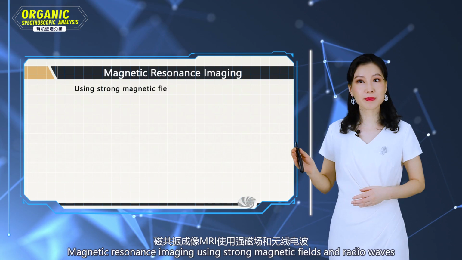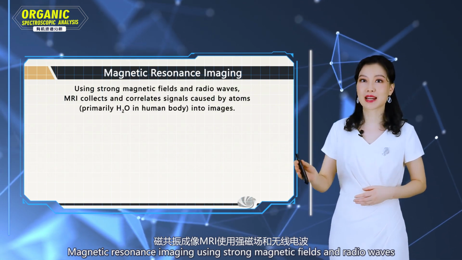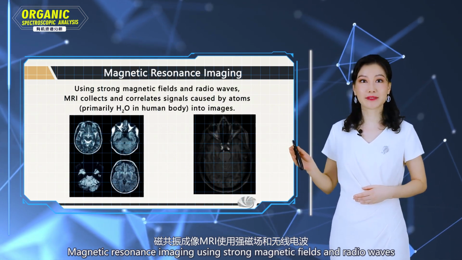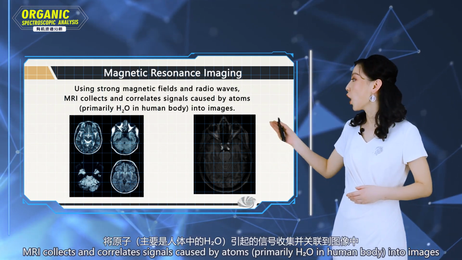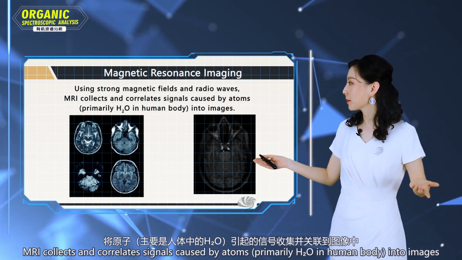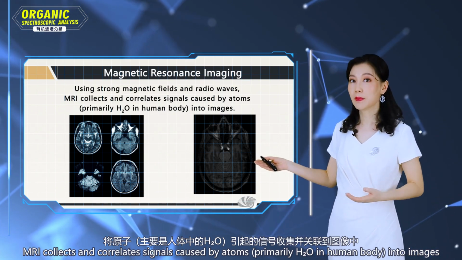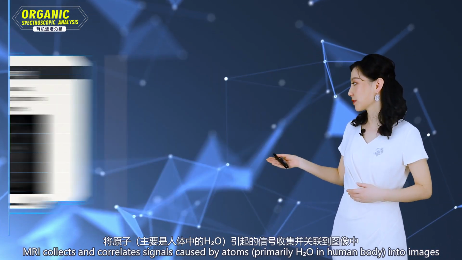Magnetic resonance imaging uses strong magnetic fields and radio waves. MRI collects and correlates signals caused by atoms, primarily water in the human body, into images.